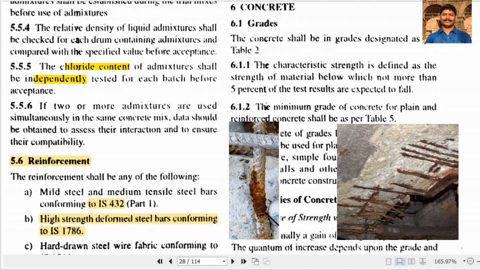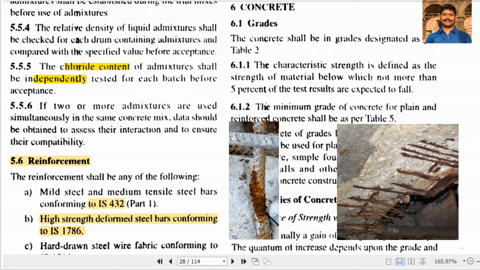Now what happens when chlorine is present in the concrete? Initially there is a passive layer between the reinforcement and the concrete. When you place reinforcement in the concrete, you will see here that a passive layer forms, the white colored layer.